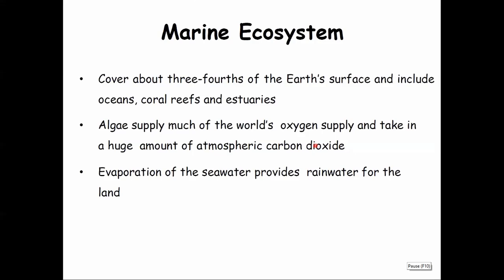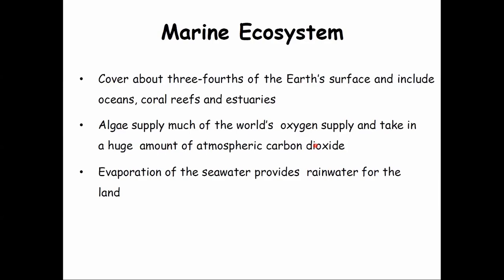What about evaporation in the marine ecosystem? Any idea? The marine ecosystem is always occupied with water, and evaporation is a part of the water cycle. We have discussed the water cycle, no?